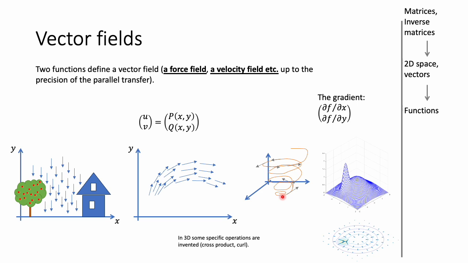We so far have built our theory only for the vectors who start growing from the origin, who are fully defined by their endpoint. And when I define a vector field here, what I essentially write? I define it as a vector with coordinates u and v, whose coordinates are themselves the functions of the coordinates of the input points.